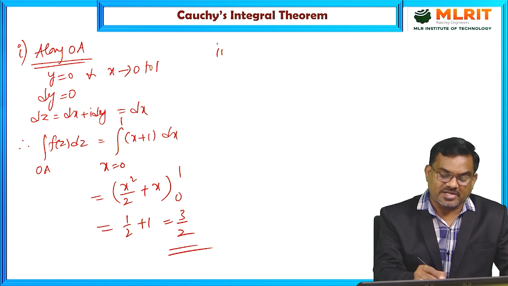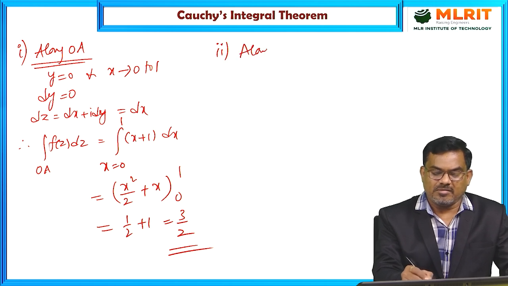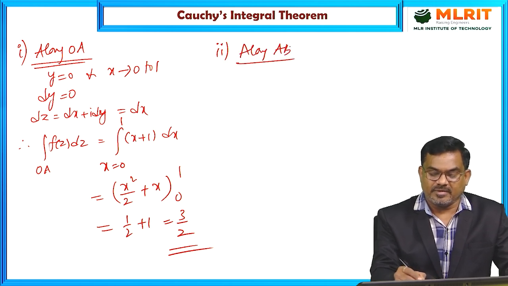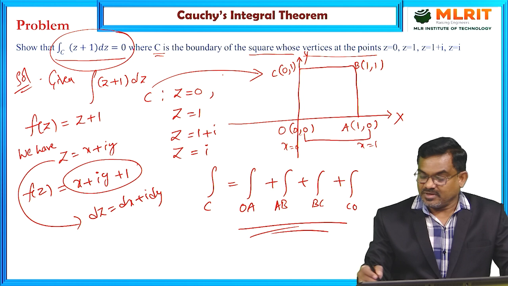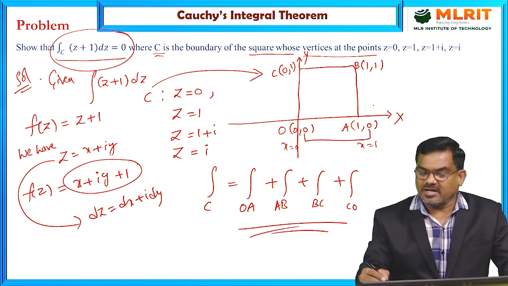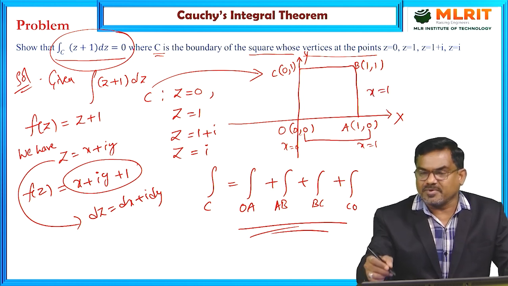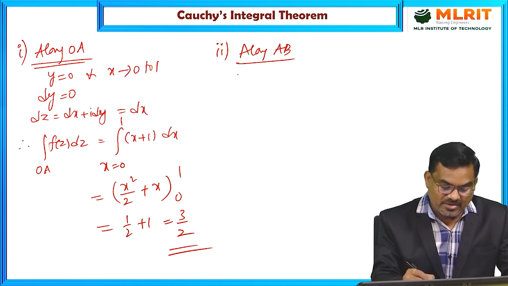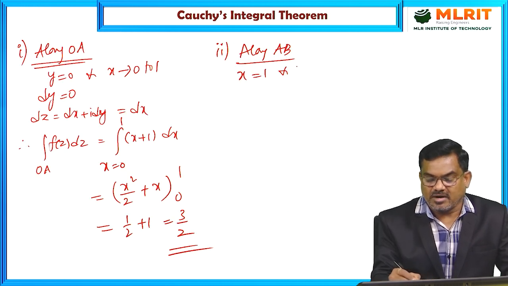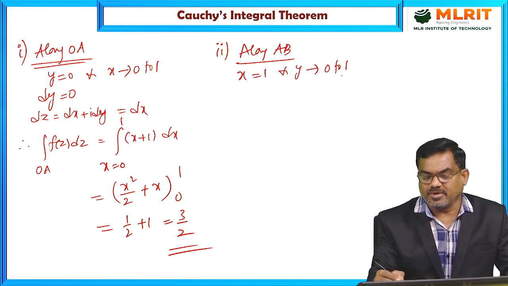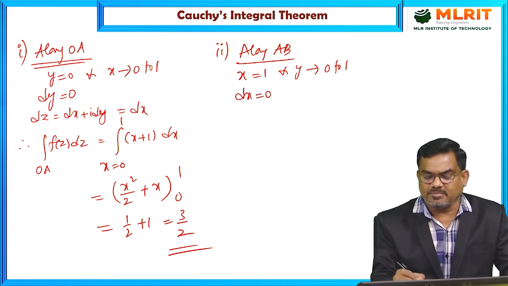Similarly, the second one, along AB. Along this line, it is very clear that x is 1 and y changes from 0 to 1. So here x equal to 1 and y changes from 0 to 1. If x is 1, dx will be 0.